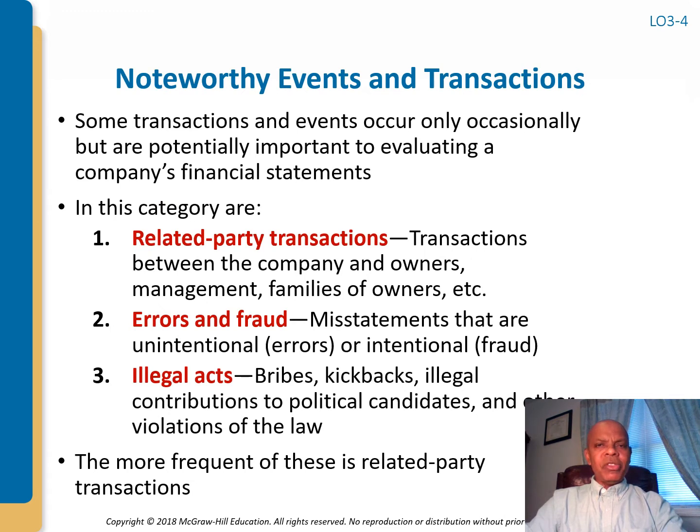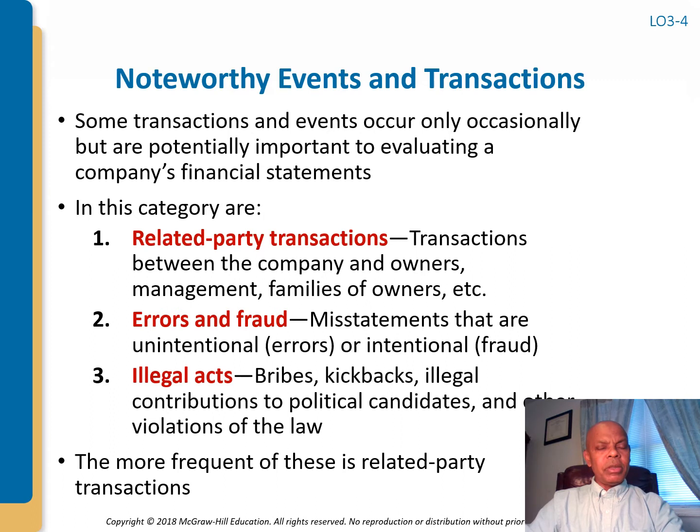Noteworthy events and transactions. Again, as I said, the related party transactions are important: transactions between the company and owners, management, families of owners. Then errors and fraud: misstatements that are unintentional are errors, and intentional ones are fraud.